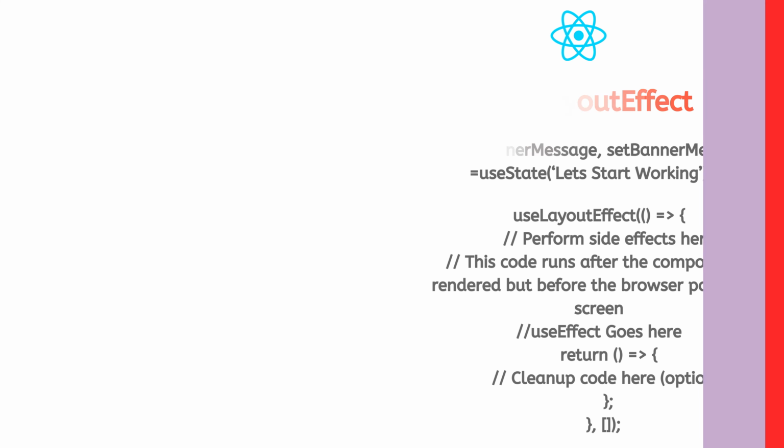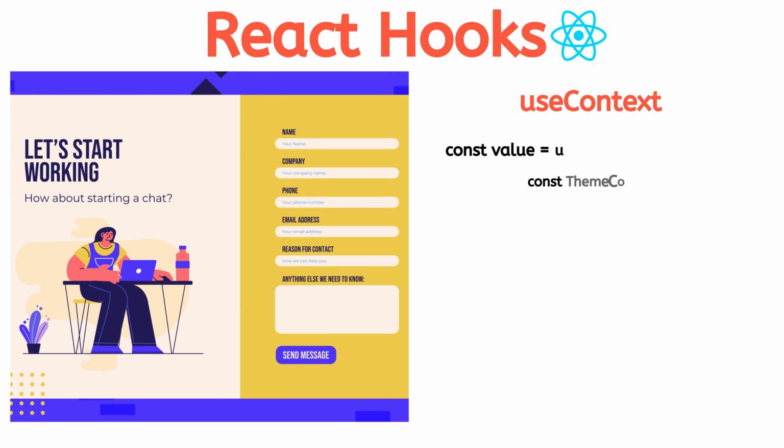So the next one is useContext. By the name itself, context, it means it will be at the app level or application level. Suppose you have a page, the same page on the left side. Right now the background is completely blue, and within that there are two components.